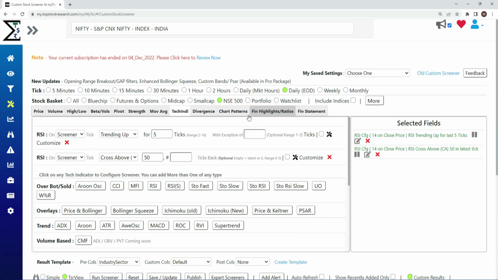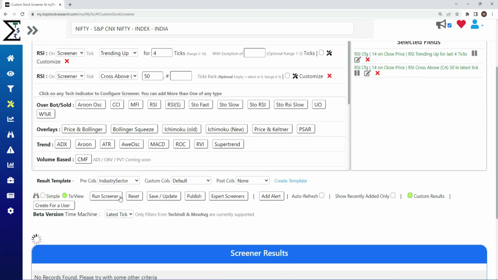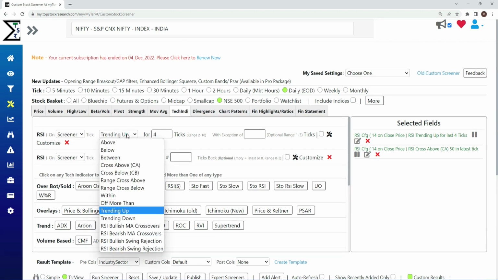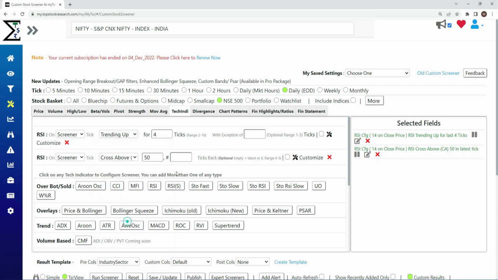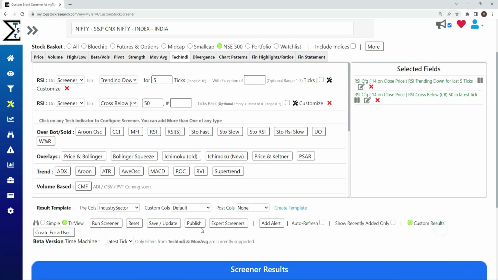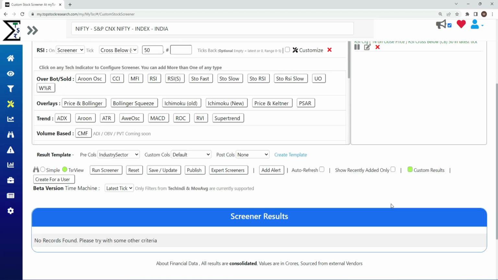So okay, no stocks. Okay, let's change it to 4 days. Okay, let's say go into trending down and cross below 50, and trending down for, let's say, 5 days, right? Let's see if we get anything, right?